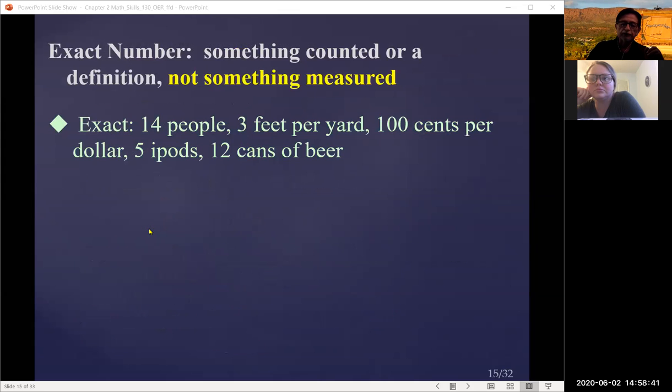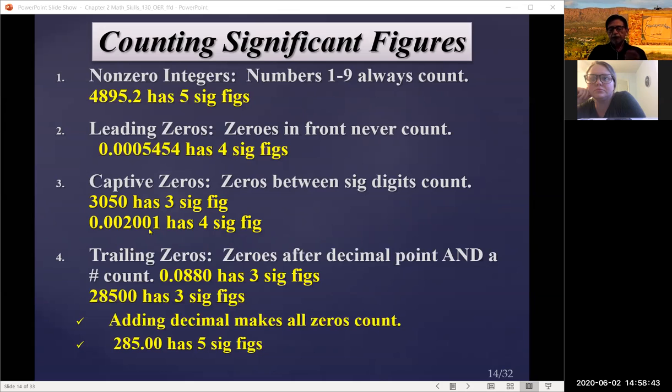Let me double check that. Okay, 2 questions. Numbers 1 through 9 are significant. That's automatic. Zeros that are surrounded by whole numbers are significant. That's automatic. The other zeros, you may not be sure, so you ask yourself these questions, for zeros only.